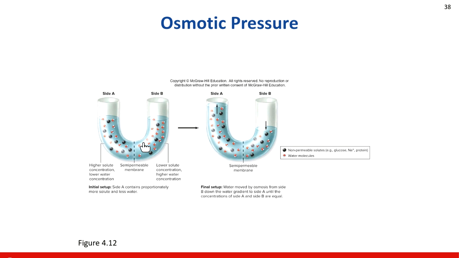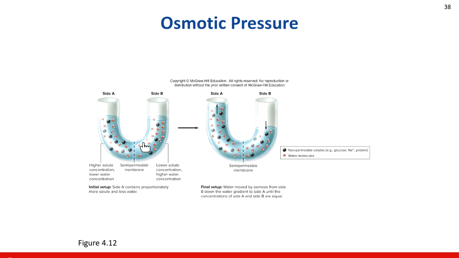Okay, so knowing what we know, that water likes to move from an area of high water concentration to low water concentration, and it also likes to move toward the area of higher solute concentration. Which way is water going to move in our experiment? Is it going to move from side A into side B, or is it going to move from side B into side A? Take a second. Let me sip my coffee.